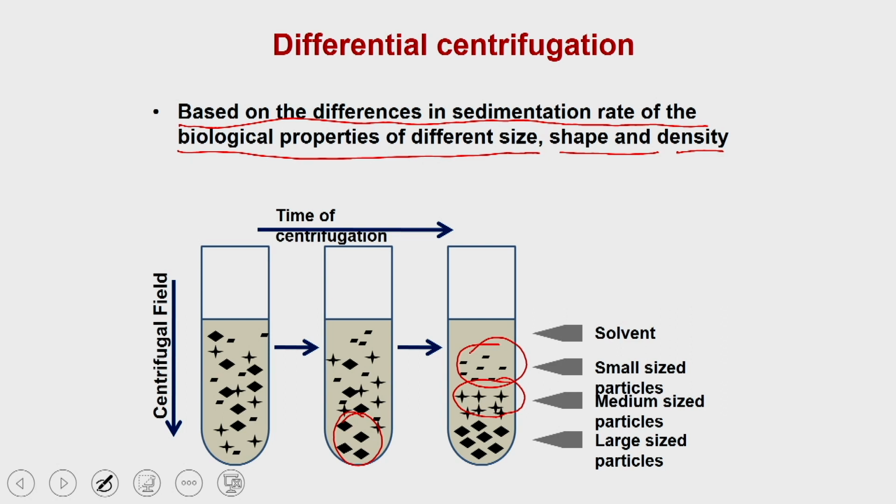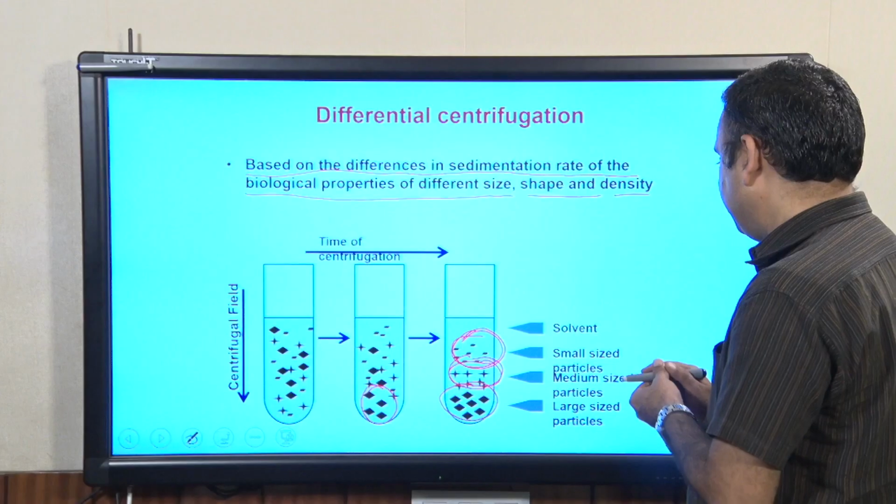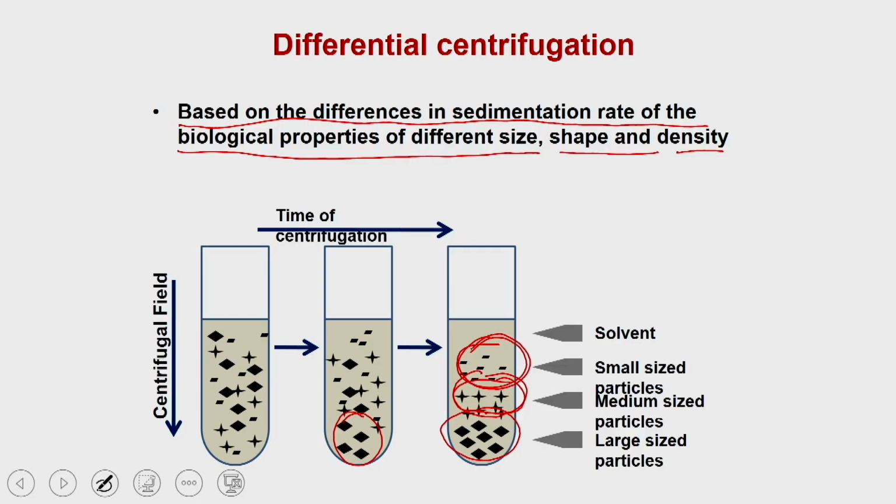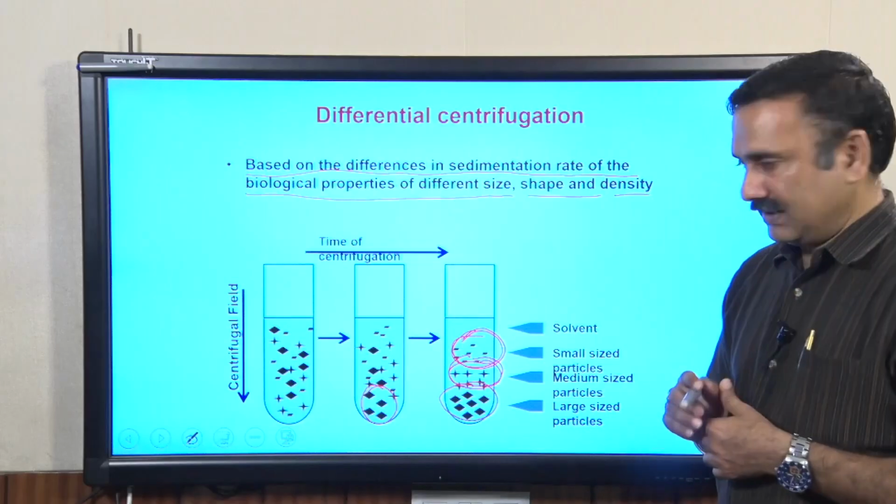That is why it is called differential centrifugation: in the first round you isolate these molecules, in the second round these, and in the third round these. That is how you can separate small, medium and large size particles suspended in a particular solvent system.